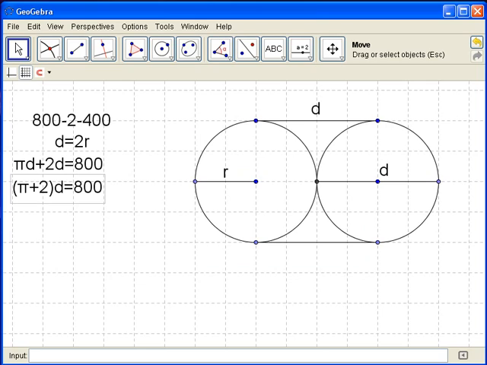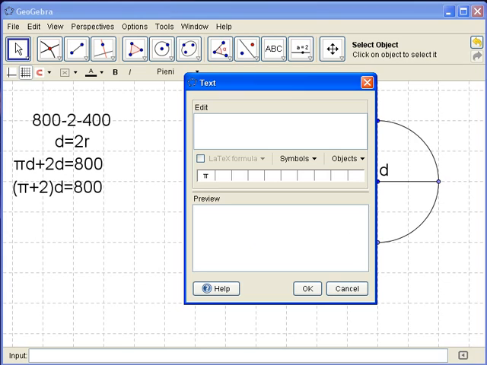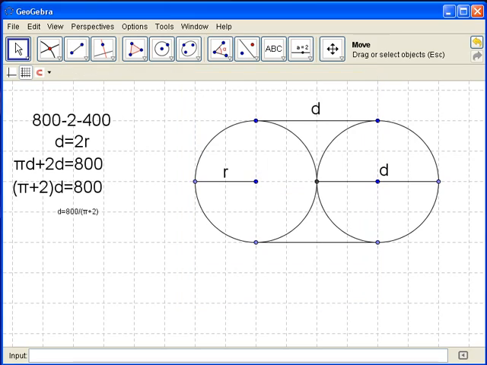Now if we divide this whole thing by pi plus 2, we get that the diameter is 800 divided by pi plus 2.